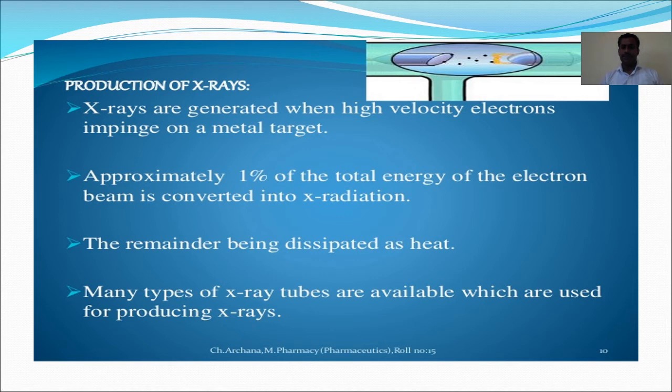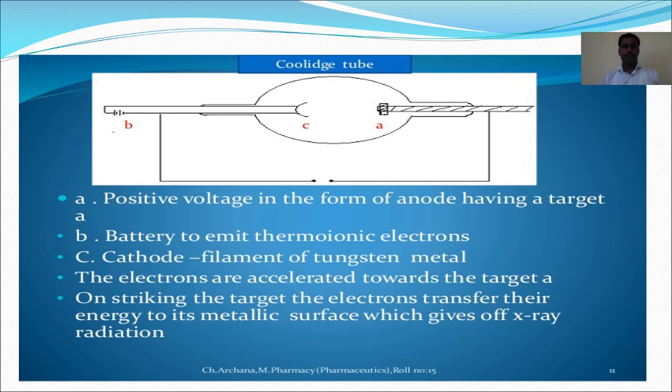Many types of X-ray tubes are available for producing X-rays. The cooling tube consists of a positive voltage anode having a target A, a battery B to emit the thermionic electrons, and C, a cathode filament of tungsten metal. The electrons are accelerated towards the target A. On striking the target, the electrons transfer their energy to its metallic surface, which gives off X-ray radiation.